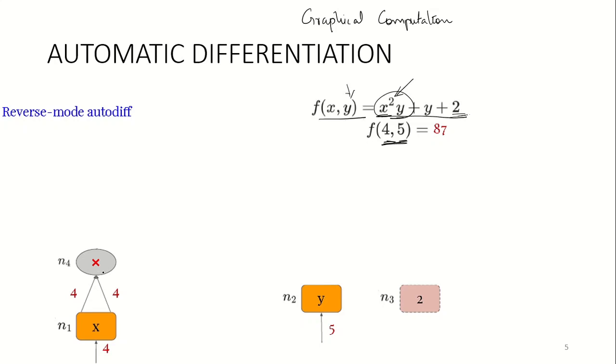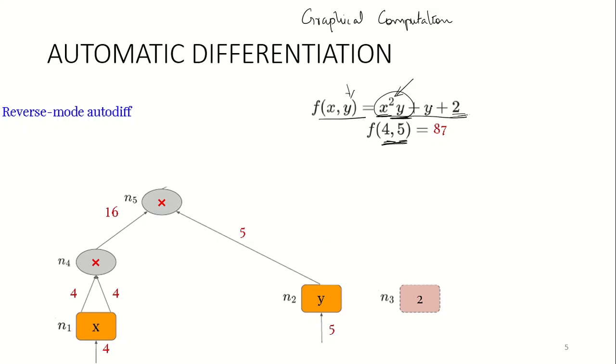That will give you x². This x² has to be multiplied with y, so we add one more multiplication node, n5, that takes x² into y.